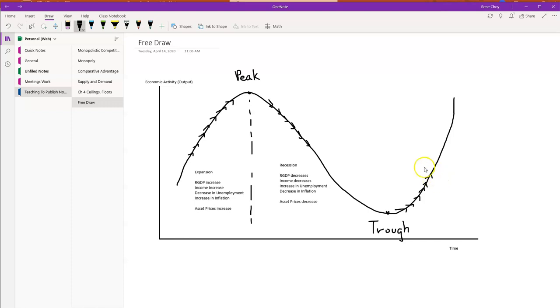At the beginning, we're not quite sure whether we're out of it already, because some of the data would show that the economy is getting better, but other pieces of data would not really show that. So instead of calling it an expansion, we usually tend to call it a recovery. And then once we get to the level that we were at before, if it keeps going up, we call it an expansion.